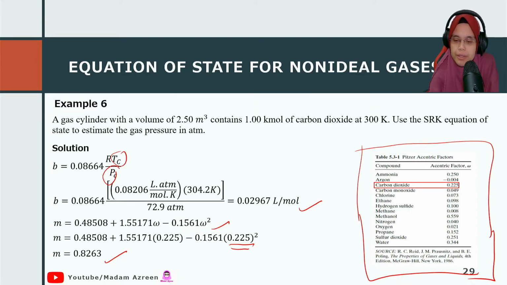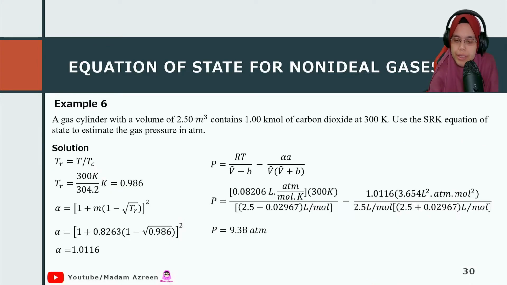Then you calculate your TR, because alpha uses TR, and you get the value of alpha. Once you have A, B, alpha, temperature, gas constant, and volume, you can get the pressure.